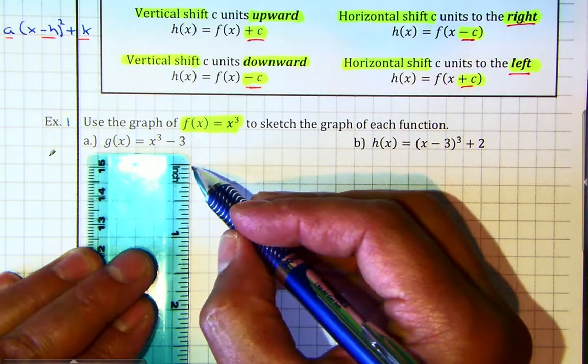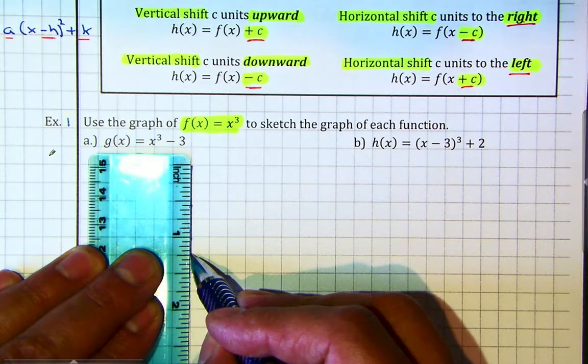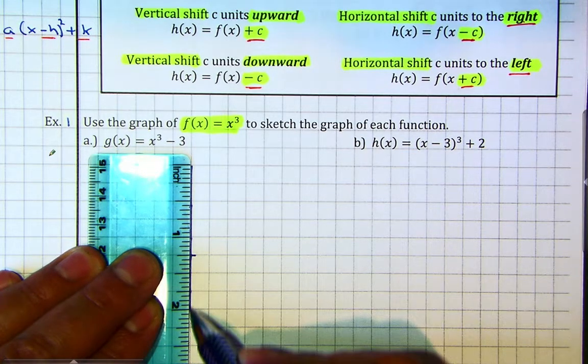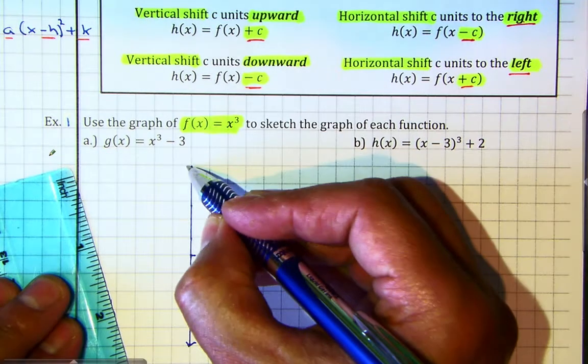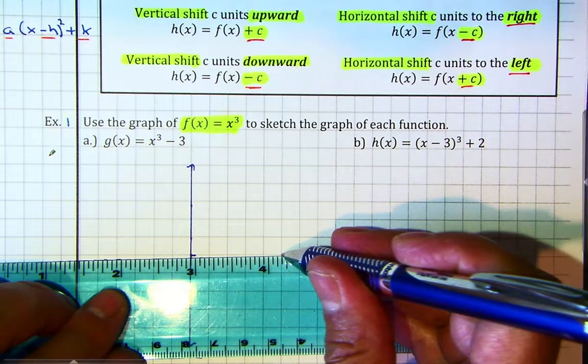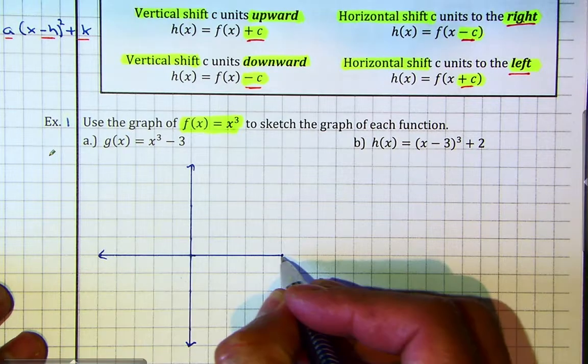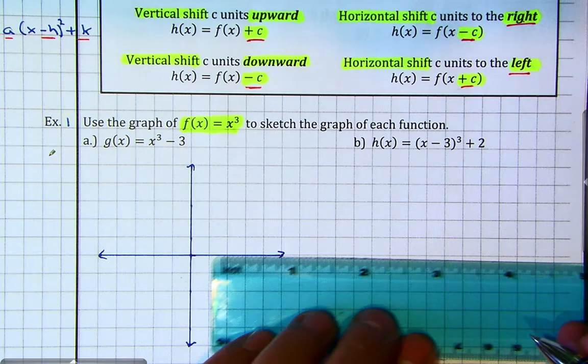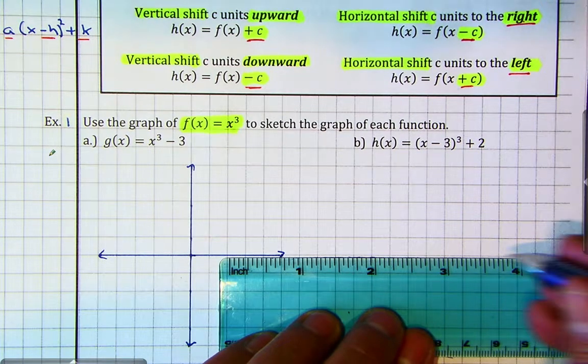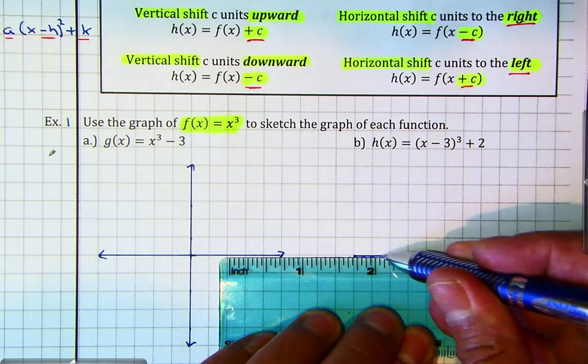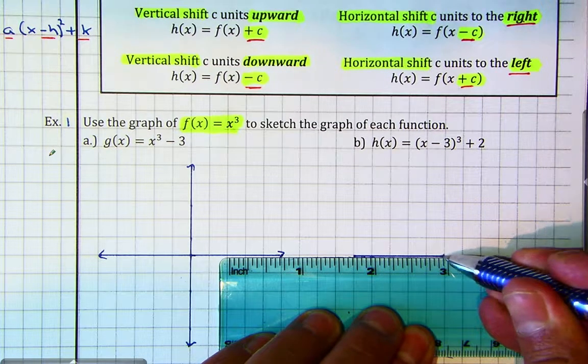I'll do 2, 4, 5, 2, 4, 5, and let me do one for the other one as well.